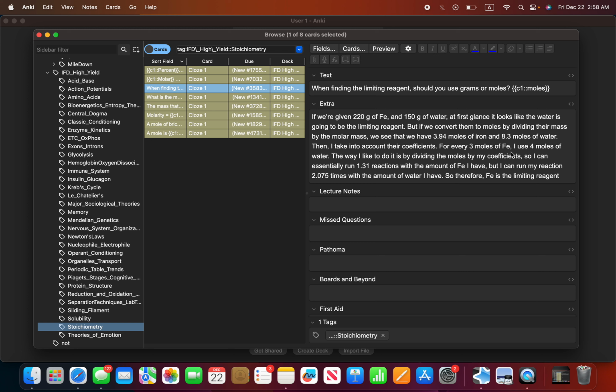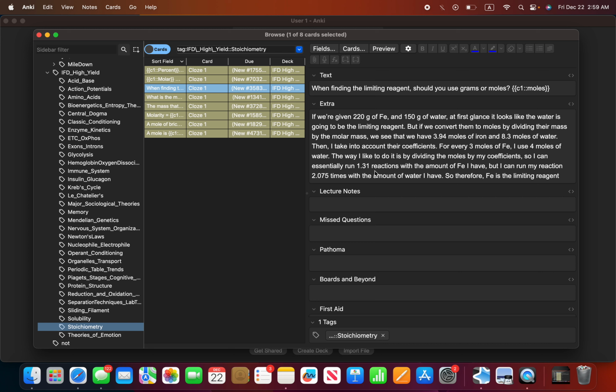For every 3 moles of ferritin, I use 4 moles of water. The way I like to do it is by dividing the moles by my coefficients. So I can essentially run 1.31 reactions with the amount of ferritin I have, but I can run my reaction 2.075 times with the amount of water I have. So therefore, ferritin is the limiting reagent.